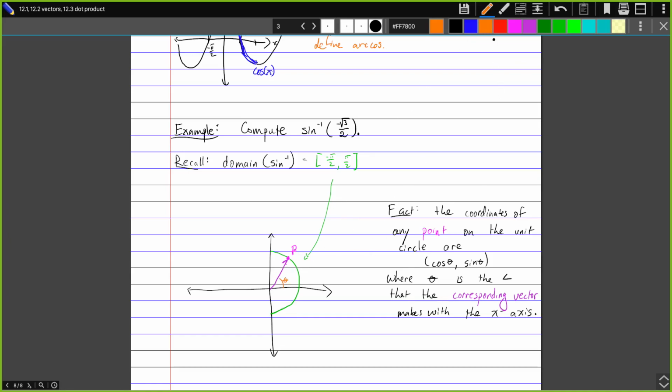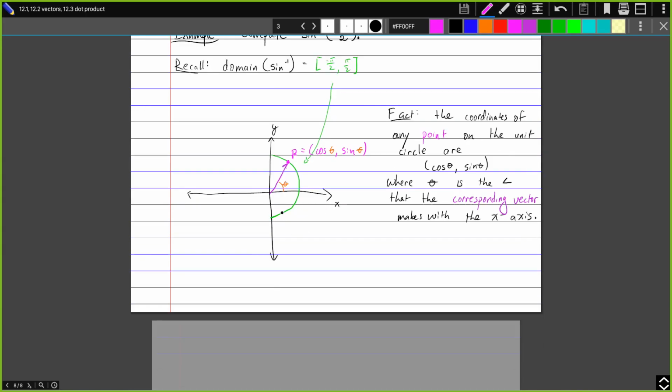That's the x-axis, that's the y-axis. So theta is the angle that the vector of that point makes with the x-axis, so P would be equal to cosine of theta, sine of theta. And the same thing works if the point is down here.